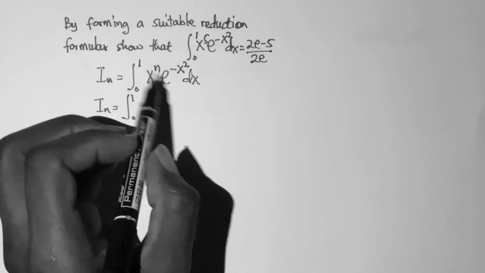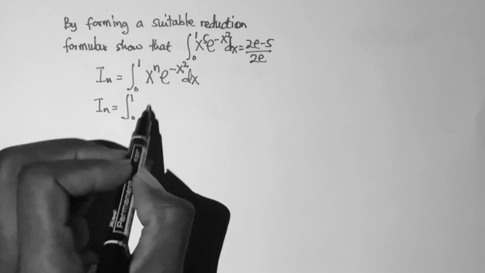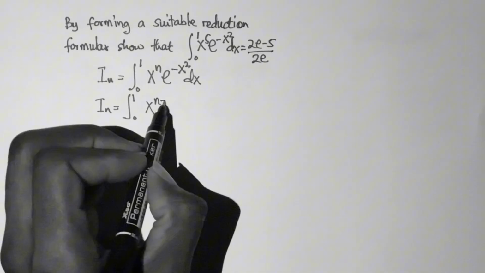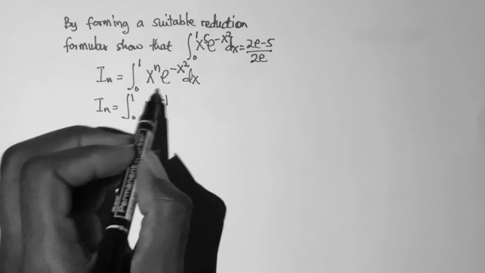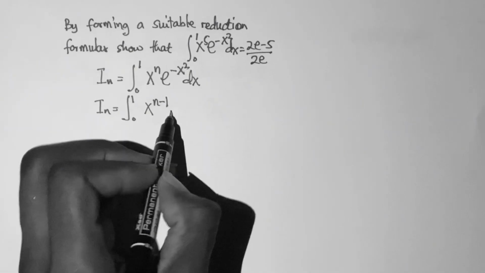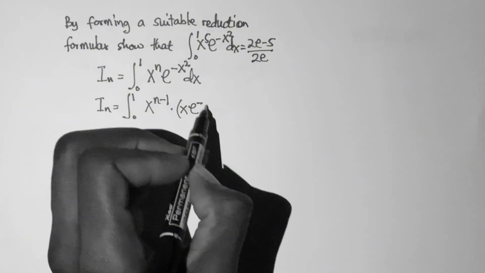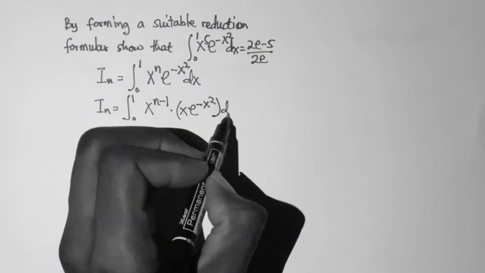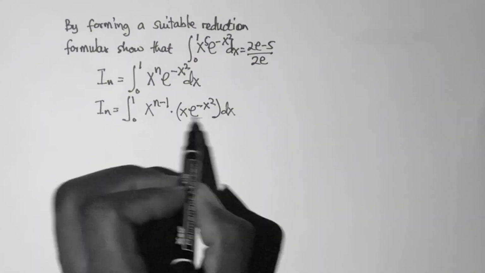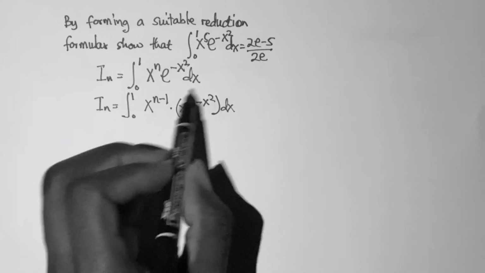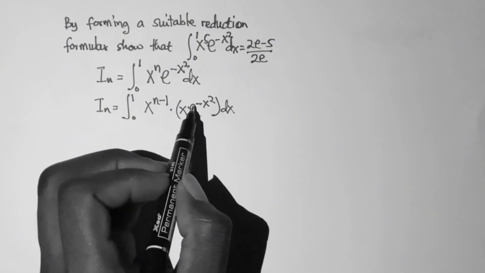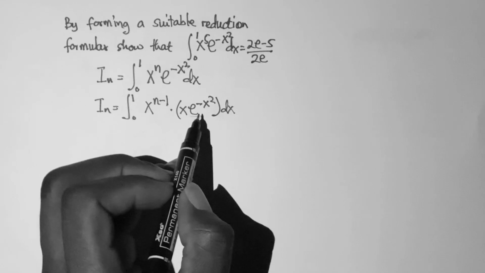Now, I want to write this as x^(n-1). But because I put minus 1 here, I need to multiply it by x e^(-x^2), all of this dx. This is very important because this will become our dv, and this is what we are going to integrate.